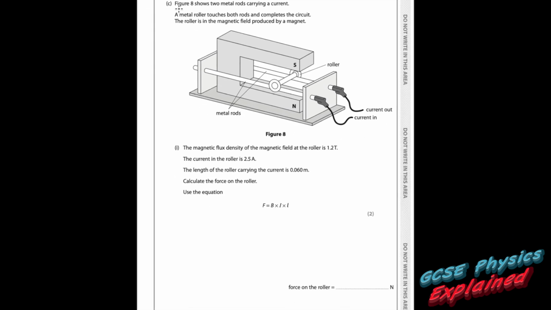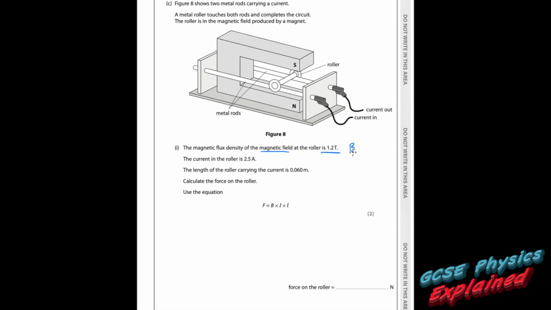Question C. Figure 8 shows 2 metal rods carrying a current. A metal roller touches both rods and completes the circuit. The roller is in the magnetic field produced by a magnet. Right. The magnetic flux density of the magnetic field of the roller is 1.2 Tesla.